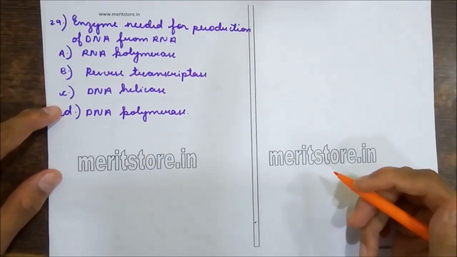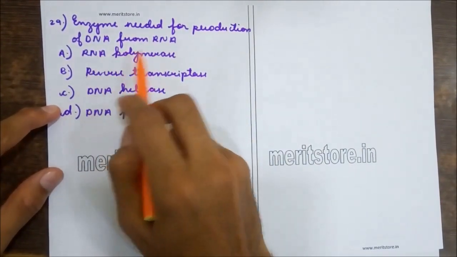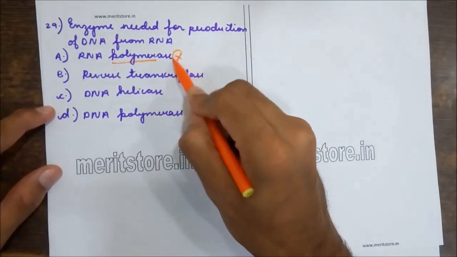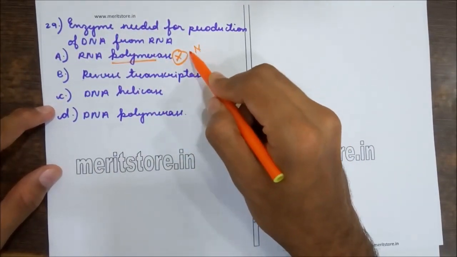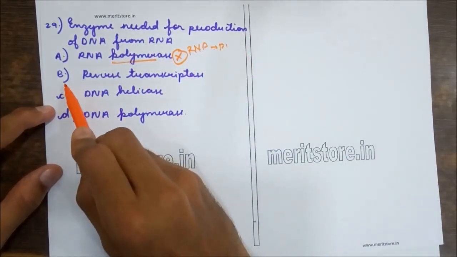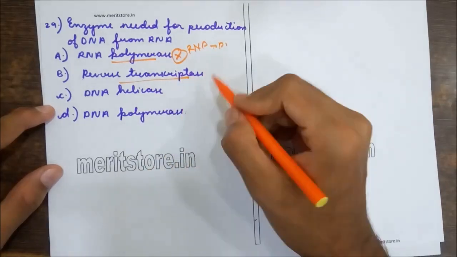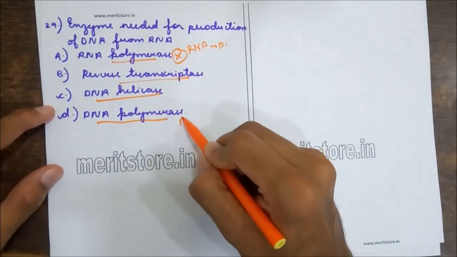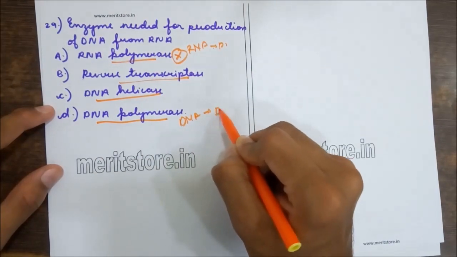Question number 29. Enzyme needed for production of DNA from RNA. Is it RNA polymerase? No. RNA polymerase uses DNA to form RNA. Option B, reverse transcriptase. Option C, DNA helicase. Option D, DNA polymerase. DNA polymerase uses DNA to form DNA.